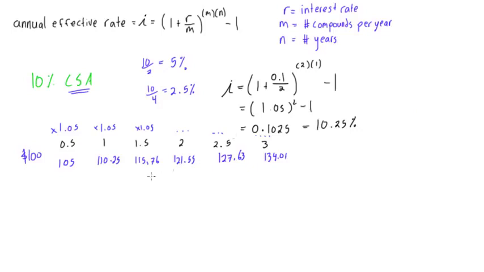So what we want to do is use the future value of a compound interest investment. So future value is equal to present value times 1 plus I, this is the annual interest rate, to the power of the number of years. So for n equals 1, let's do n equals 2 and n equals 3.